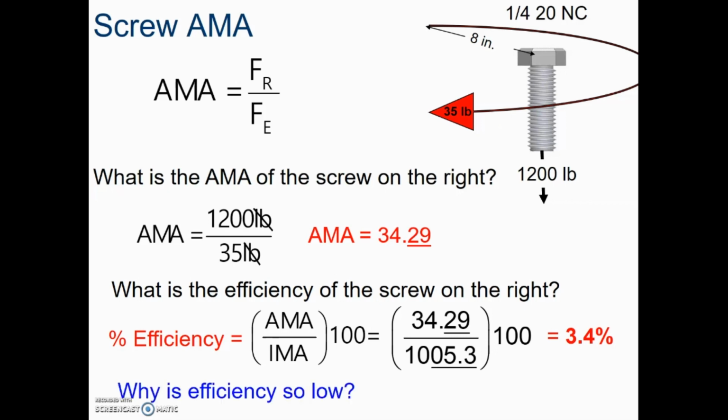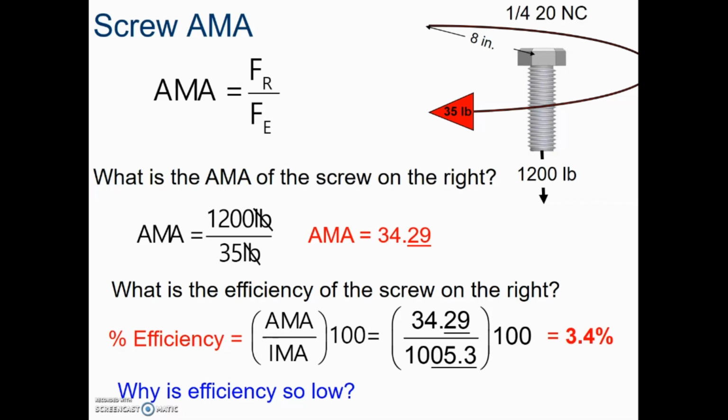So we have to think about, for a screw, why is that efficiency so low? Remember earlier in the video we talked about the fact that when you pull a screw out of a piece of wood or a wall with the screwdriver, it tends to be really hot. So we actually lose a lot of energy due to things like friction or heat because of all of that surface area from the threads gripping onto the material.